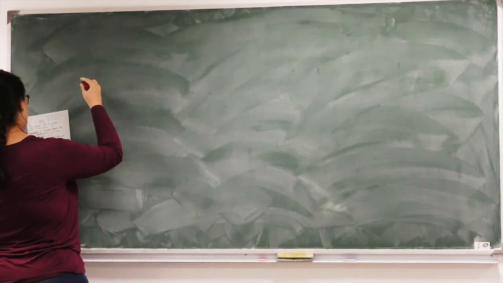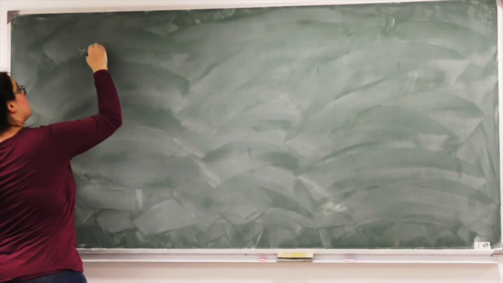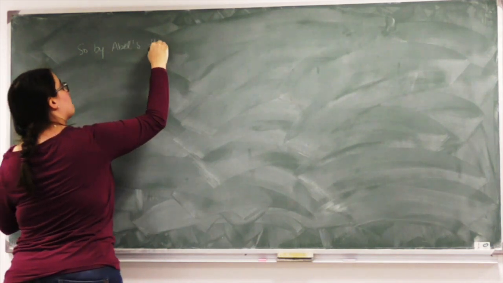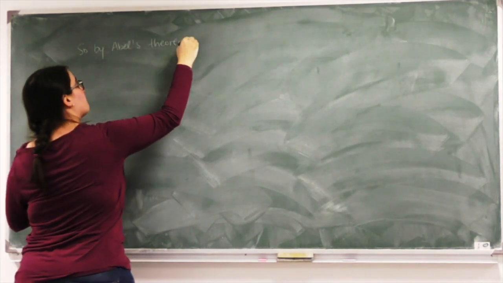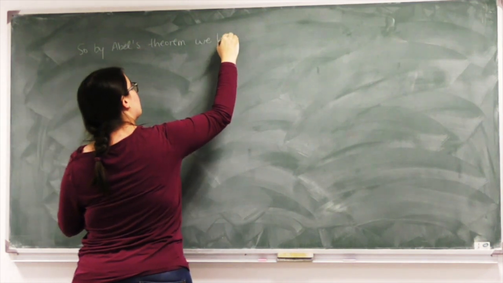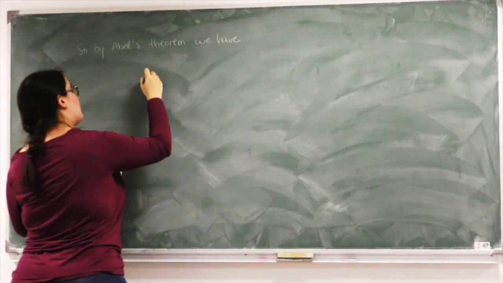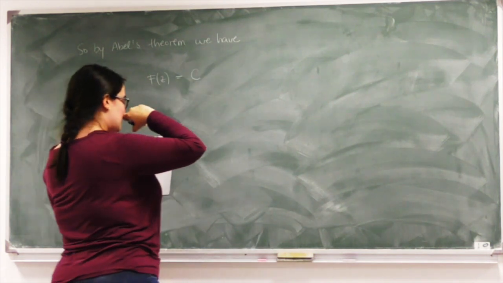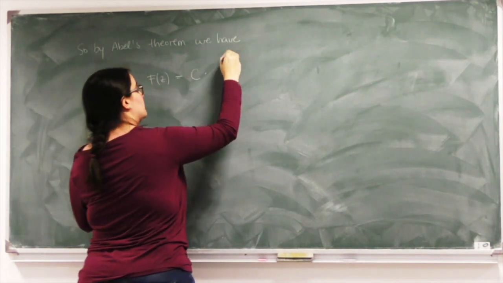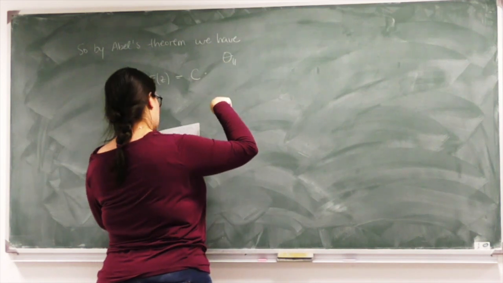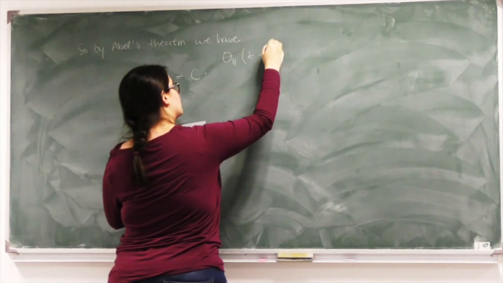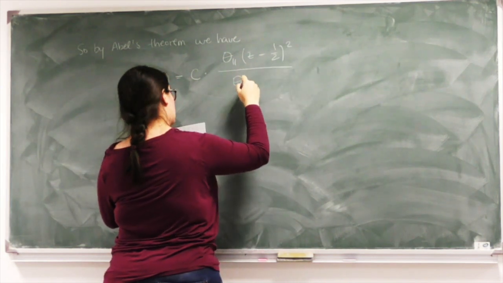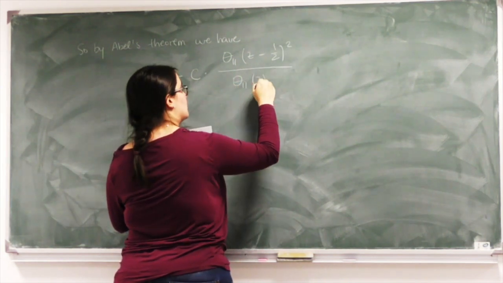So we have f of z, it's no other than a constant that we don't know times theta 1, 1 at z minus 1/2 squared divided by theta 1, 1 at z squared.